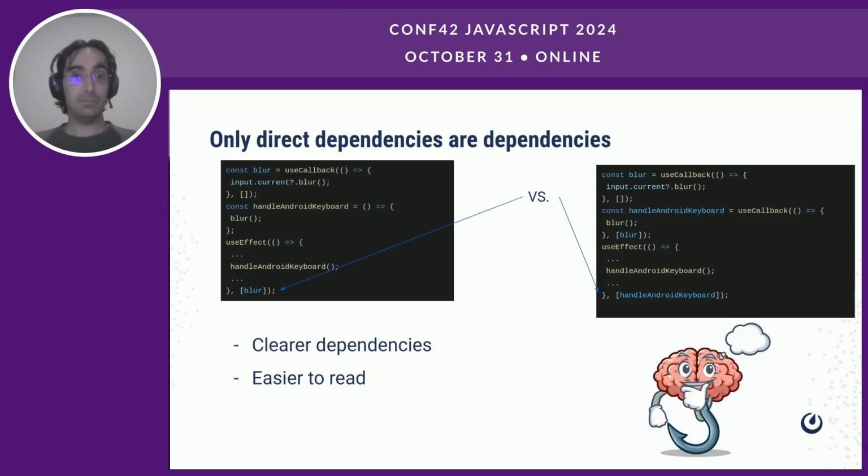Also, it's easier to read. Now I understand what each thing depends on. I don't have to do mental flexes there. And it's future-proof. Whenever you change something, you don't have to rethink everywhere you have put just blur if you also need to have the handleUnderKeyboard and whether the handleUnderKeyboard has this, it gets messy. So just don't. Just use the direct dependencies.